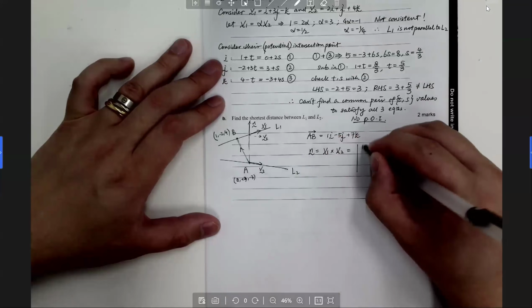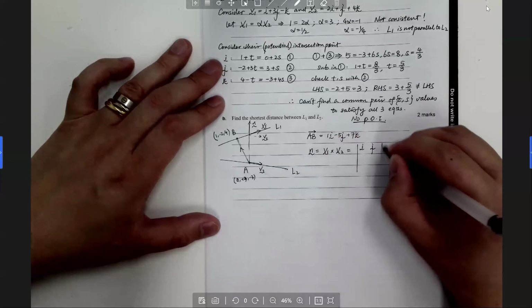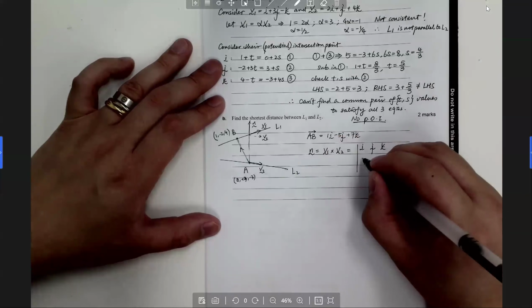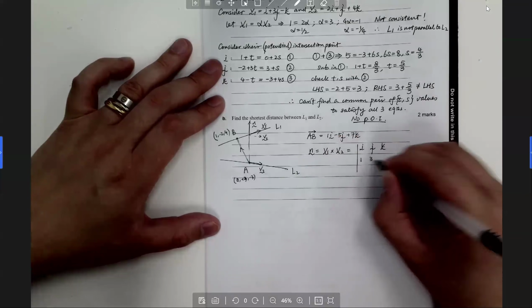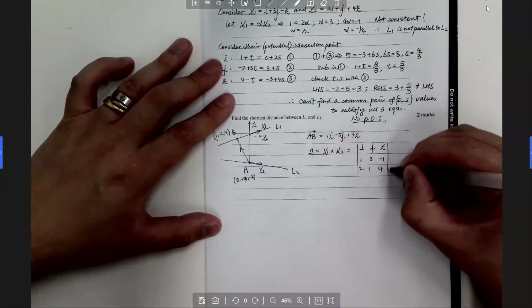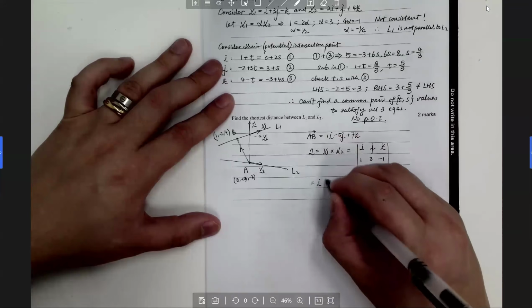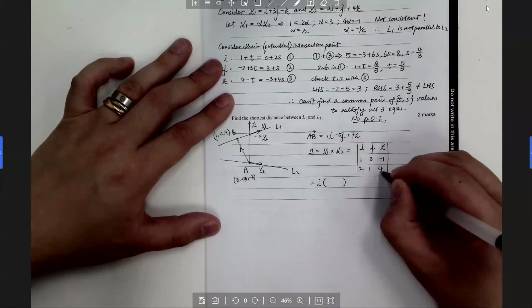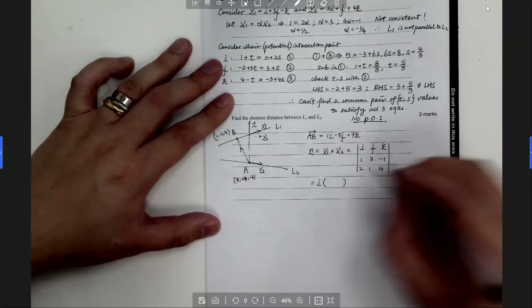Okay, and then if I take a normal between v1 cross v2 or v2 cross v1, etc., I should be able to get a perpendicular vector. So if I have v1 (1, 3, -1) and v2 (2, 1, 4), I should be able to get i times 3 times 4 is 12 minus negative 1.